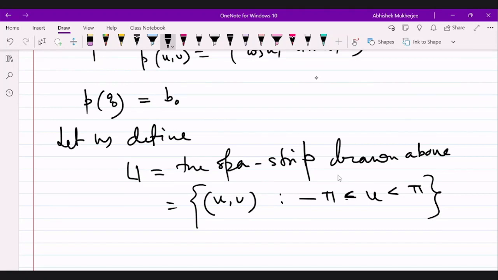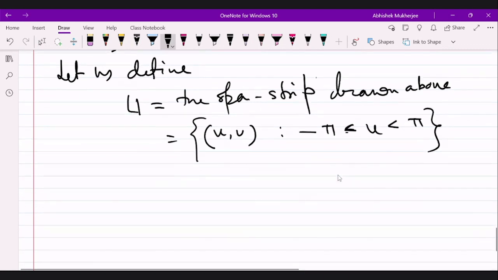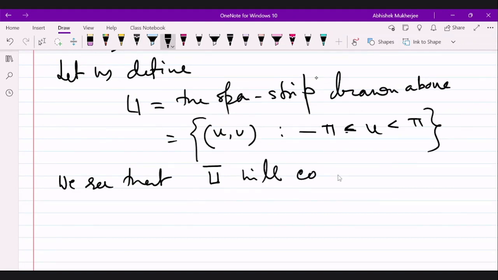And therefore, we see that if you take the closure of that, this will cover that X entirely, right?